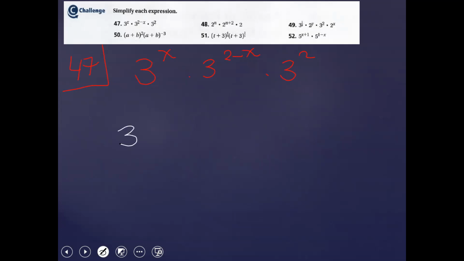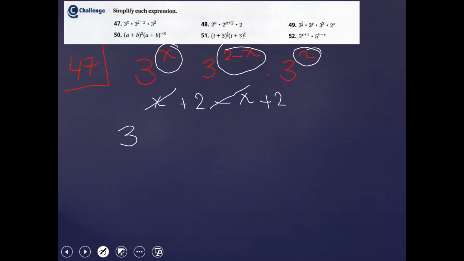Since we have the same base, I will add the powers: x plus 2 minus x plus 2. Then x and minus x cancel each other. And then we have 2 plus 2, which is 4. So the answer is 3 to the power 4, which is 81.